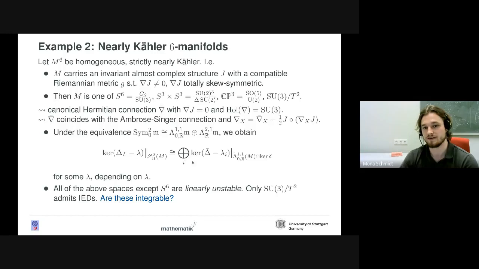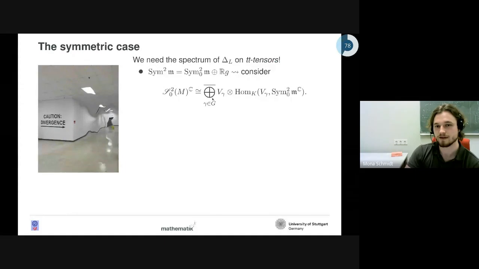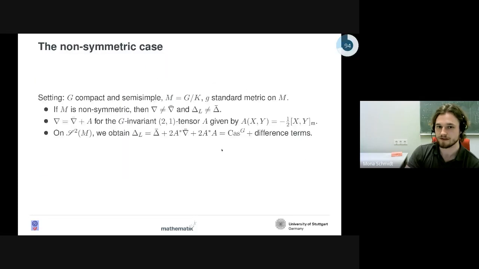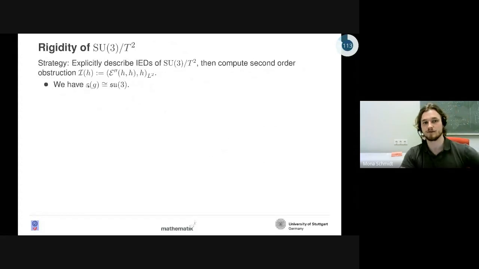And the only one that does not vanish is the eigenspace to some eigenvalue, and if we think back to the Peter-Weyl decomposition, this is given by the V gamma that's equal to the adjoint representation of SU3. So that's why the space of IEDs is equivalent to the adjoint representation, because this gives just the right eigenvalue of the Casimir operator.